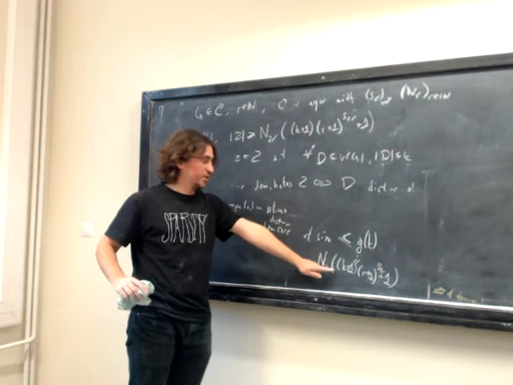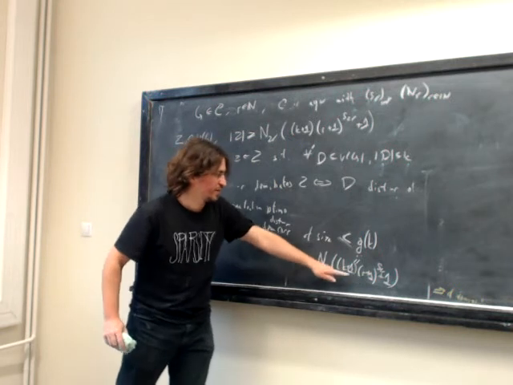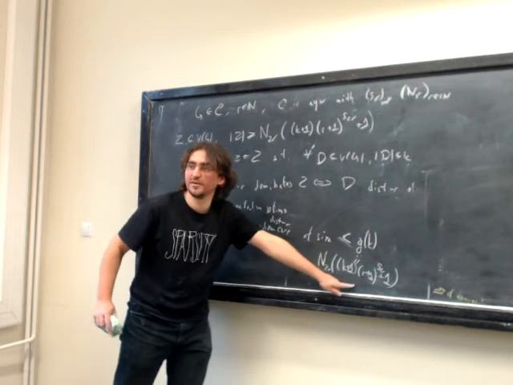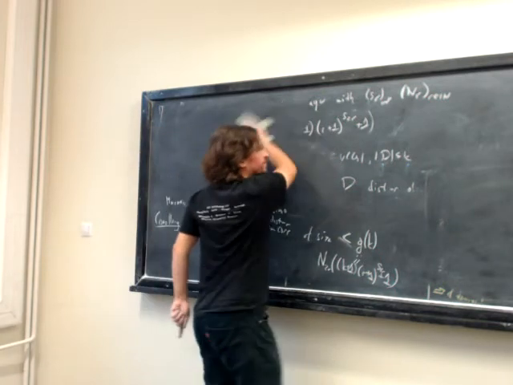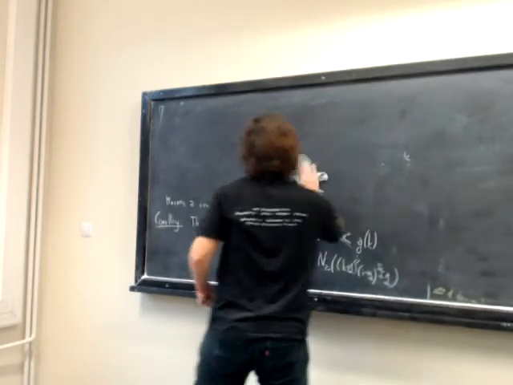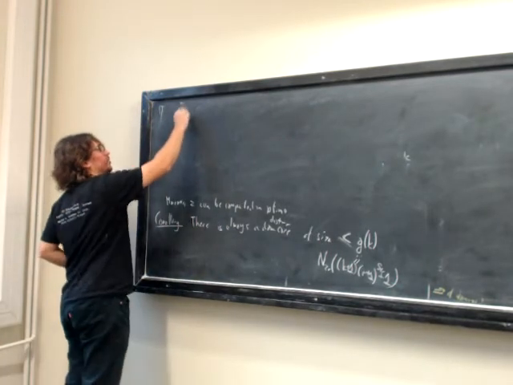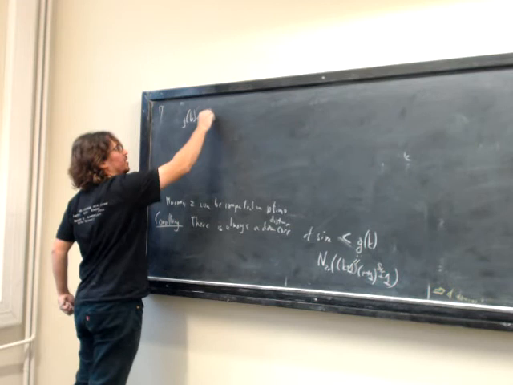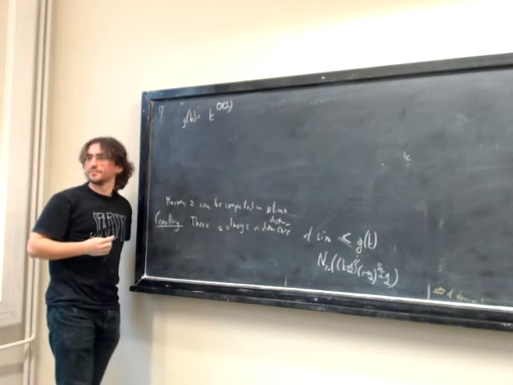They are polynomial in this. So for fixed r, this is linear in k. So this whole number g of k is actually polynomial in k.